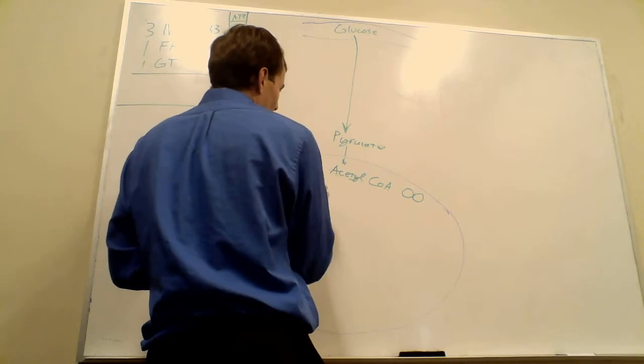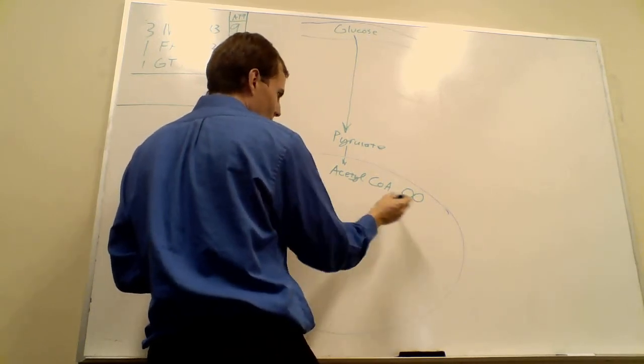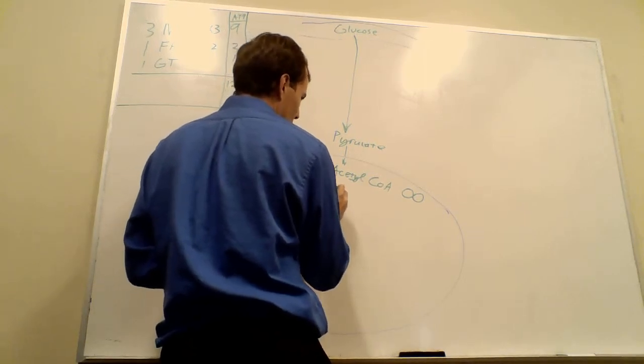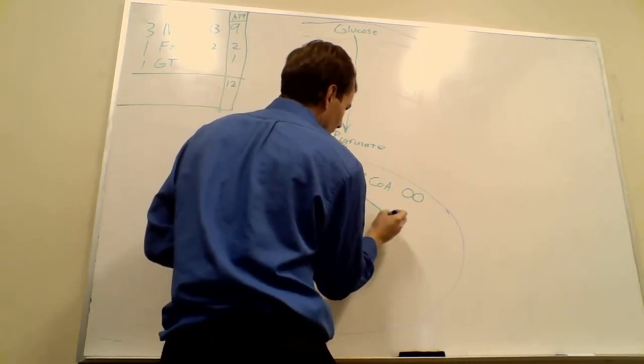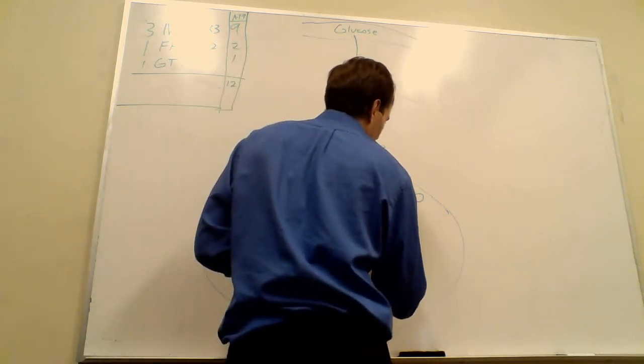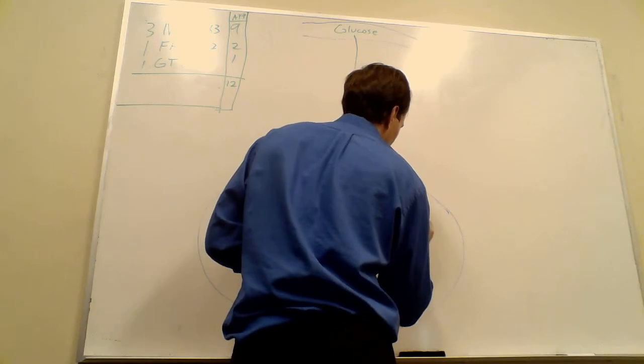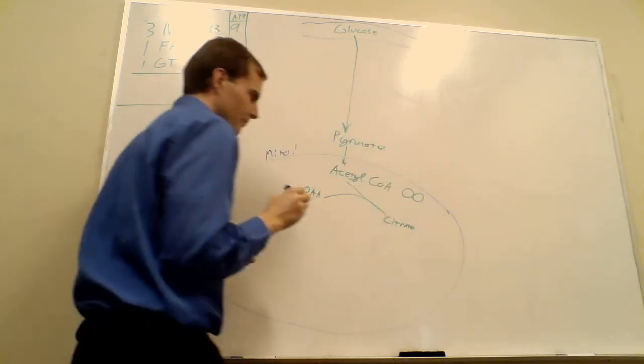Oxaloacetate has 4 carbons. So if we add 2 and 4, we're going to end up getting 6. And the first 6-carbon molecule that we get is citrate.